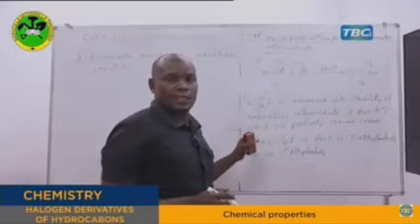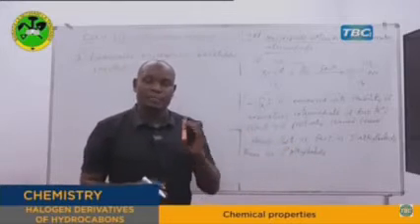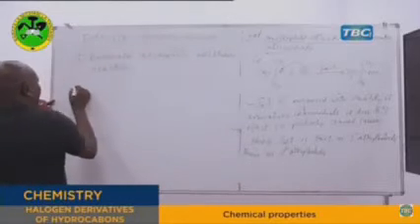Why is it called the second order nucleophilic substitution reaction? Because the rate of reaction depends on two reactants in rate determining step reaction.